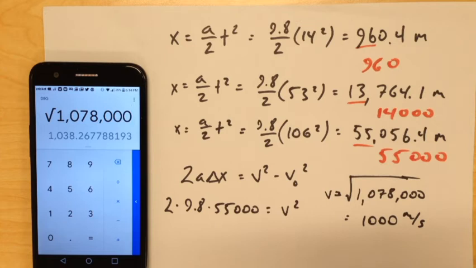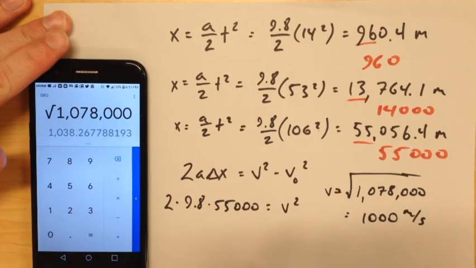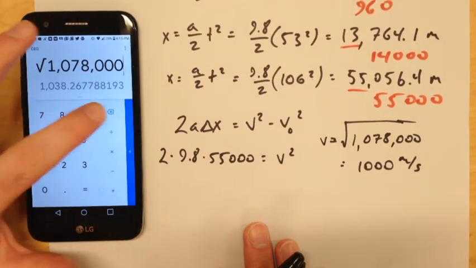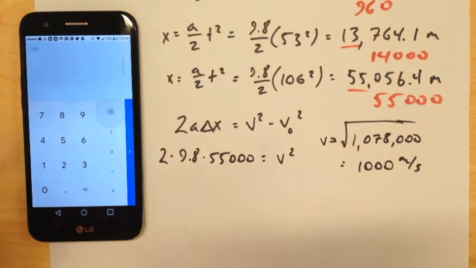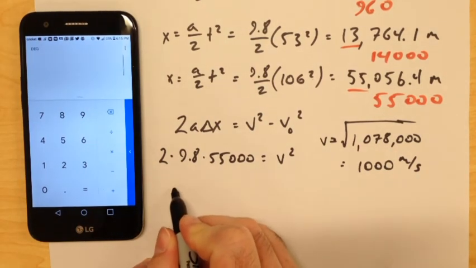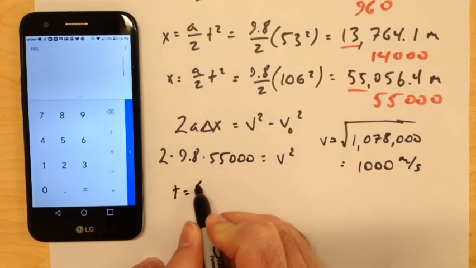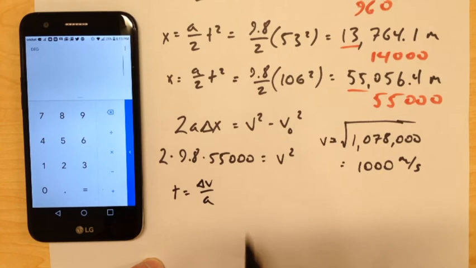How long do you have to fall to accelerate to that speed? So we're looking for the question here, how long does it take if you're falling at free fall to accelerate to 75 meters per second? So we're looking at this equation right here. t is going to be equal to delta v over a.